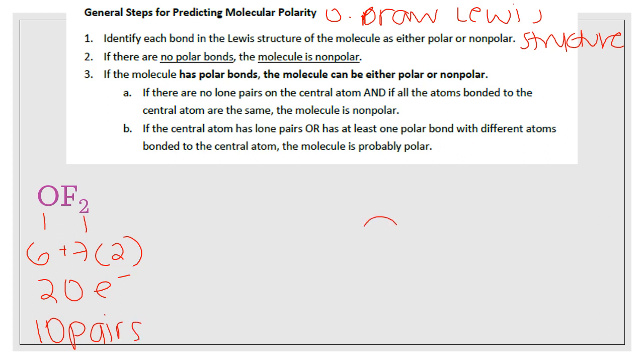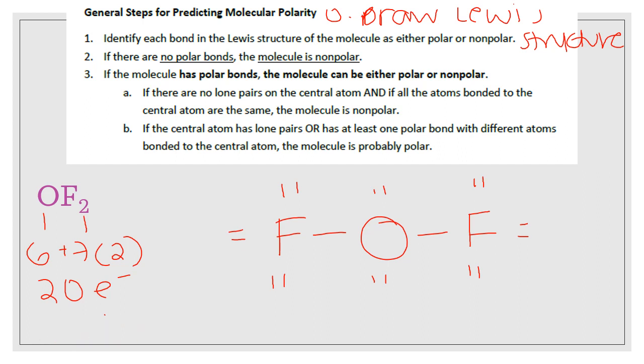Okay, oxygen goes in the center, fluorine around it. It's 2 pairs, 3, 4, 5, 6, 7, 8, 9, 10. Now every atom has 8. I've used all my 10 pairs. My Lewis structure is just about good.